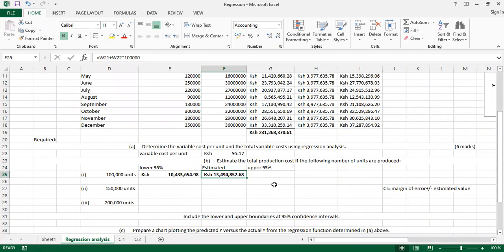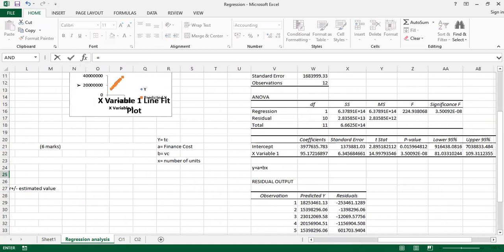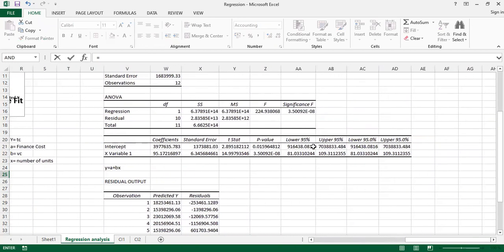So we are looking for the upper boundary equals. We were given upper 95, so the upper is here, A plus B, our variable here, times 100.